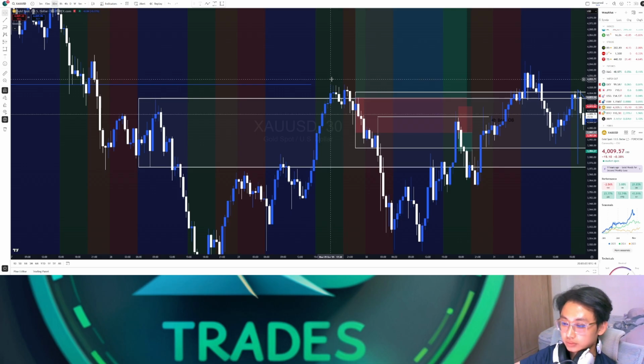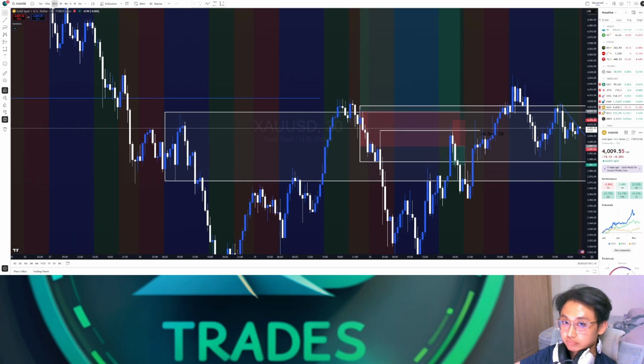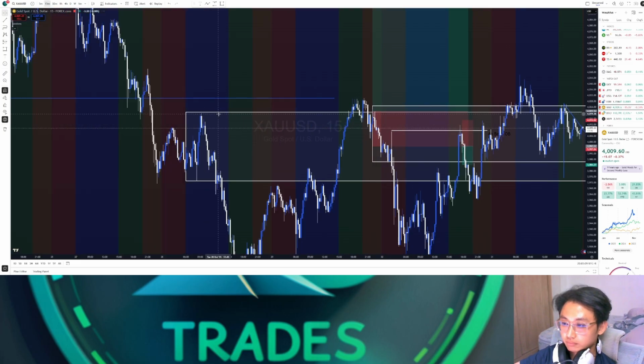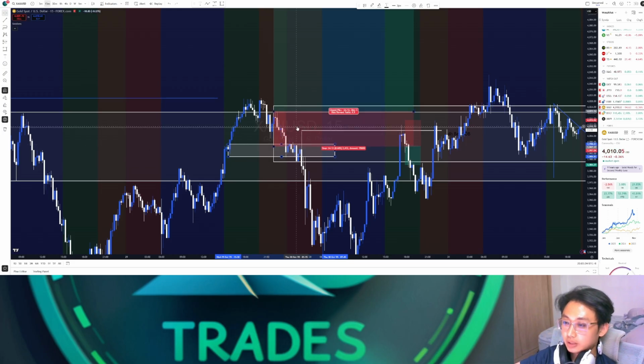Is there anything to look out for? I guess we could have been more patient for price to head towards this POI, this 15-minute bullish OB. We should wait for it to come down here first, then see how price will react.